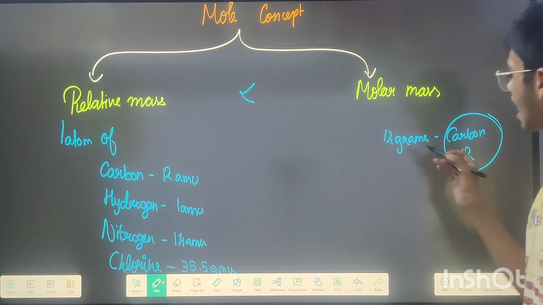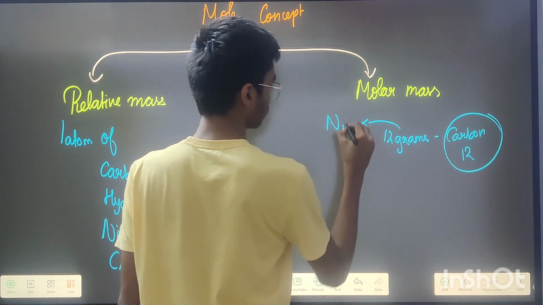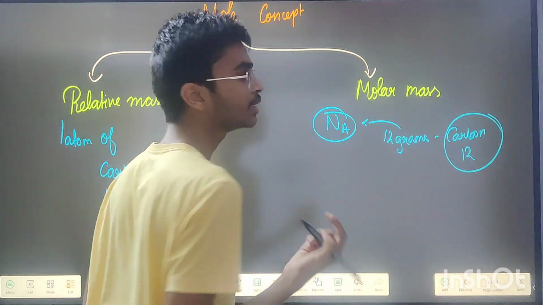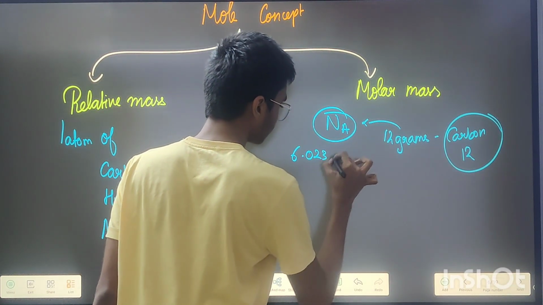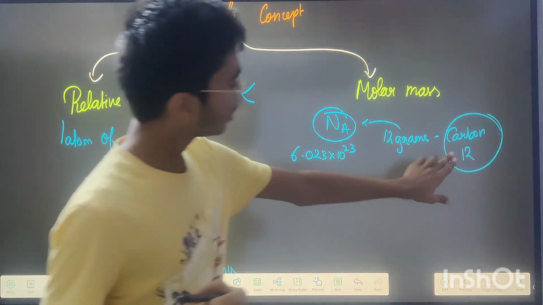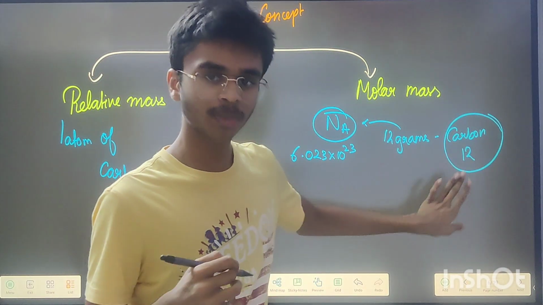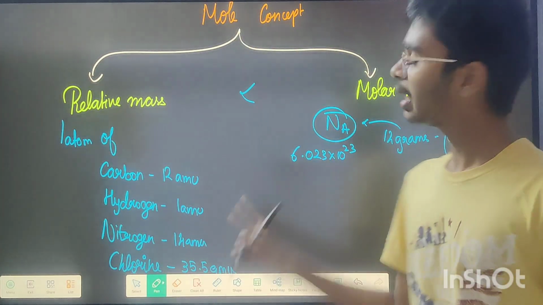Like that they did some calculations and they found that it is Avogadro's number, which is 6.023 into 10 to the power of 23. So that means in 12 grams of carbon 12 isotope there are totally 6.023 into 10 to the power of 23 atoms.